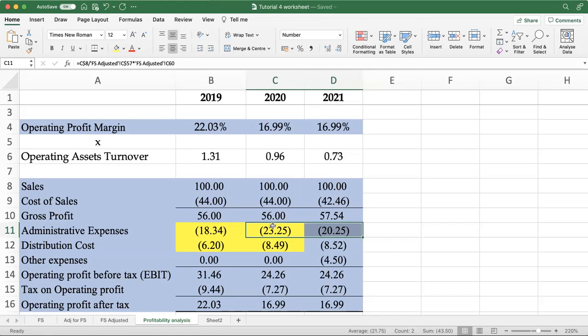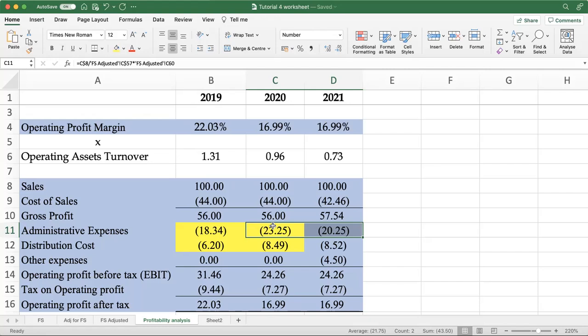So this happens for a fixed cost. When you are interpreting these analysis results, you have to be very careful. You can't say this is favorable to the company because the common size value declined. If you look at only the common size analysis, you find administrative expense proportion declined from 2020 to 2021.